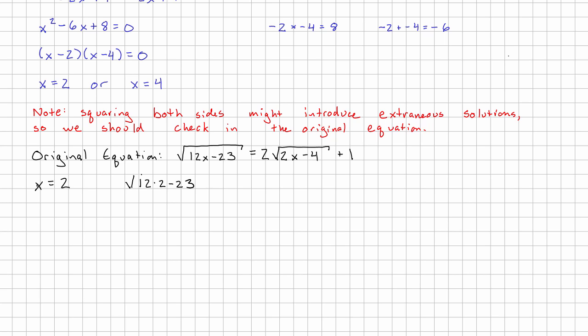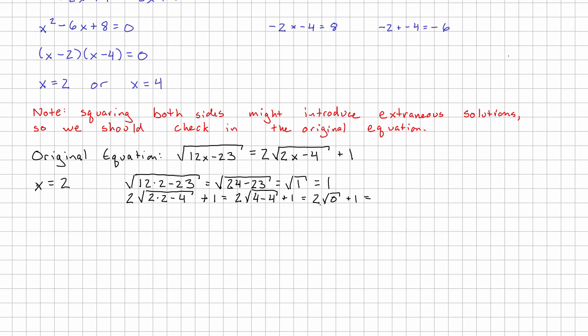So plugging in x equals 2, on our left-hand side we get square root 12 times 2 minus 23. So that's square root 24 minus 23. That's square root 1, which is 1. For the right-hand side, we have twice the square root of 2 times 2 minus 4, plus 1, which is twice the square root of 4 minus 4 plus 1, which is twice the square root of 0 plus 1.